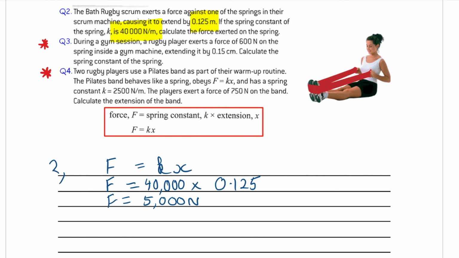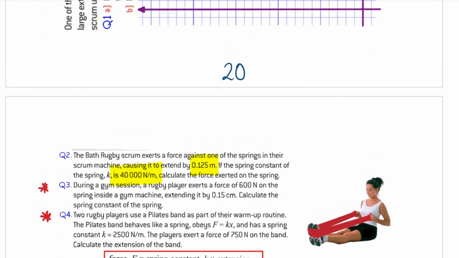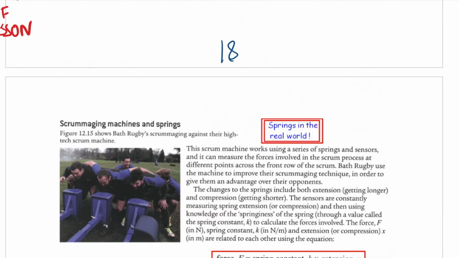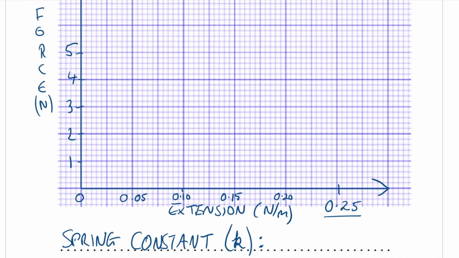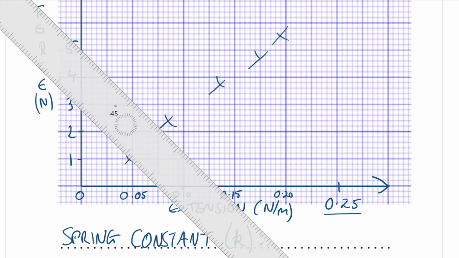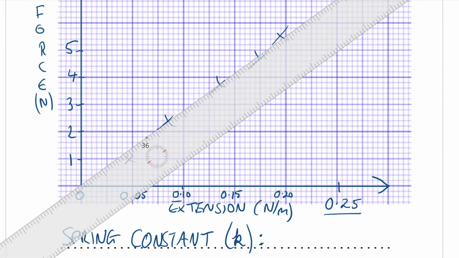Question 3 and 4 is for you to do. And higher tier pupils, please make sure you go back and you calculate the energy stored in this graph. So what you're going to have, I'll just draw a very quick rough idea of what you're going to have. You'll have some points there. You should have drawn in your line of best fit.